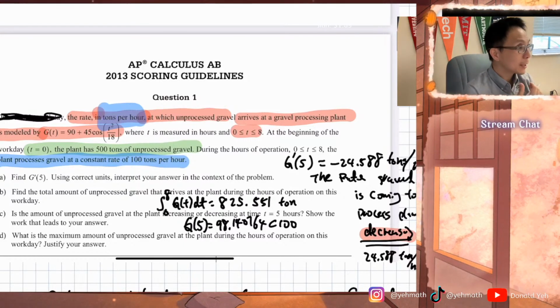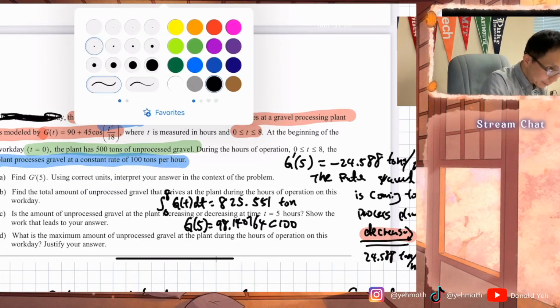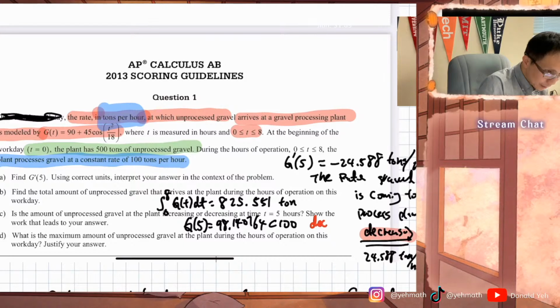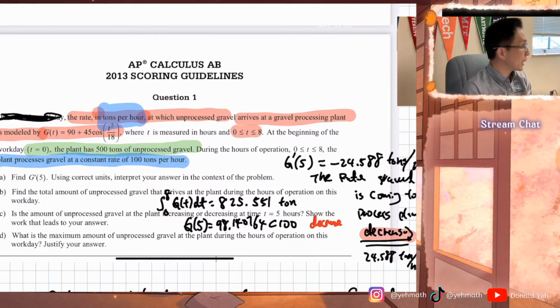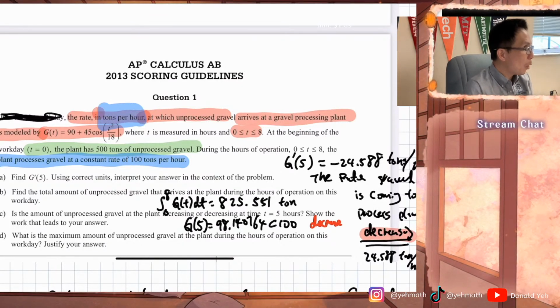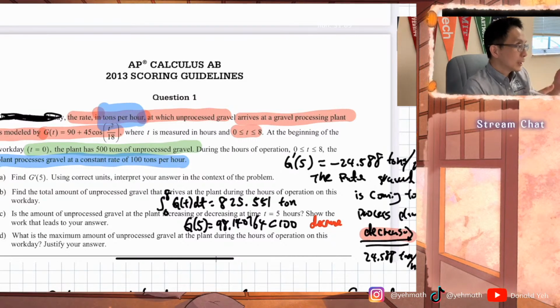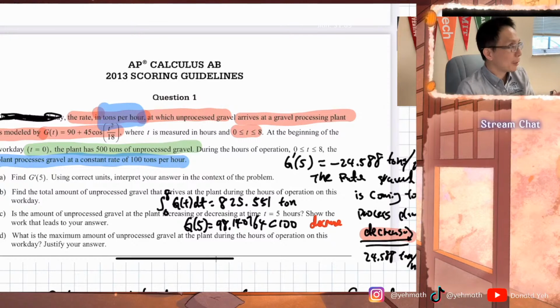Since it's less than 100, therefore it's decreasing. There was more out than in, so the plant has less material as time goes, around 5.